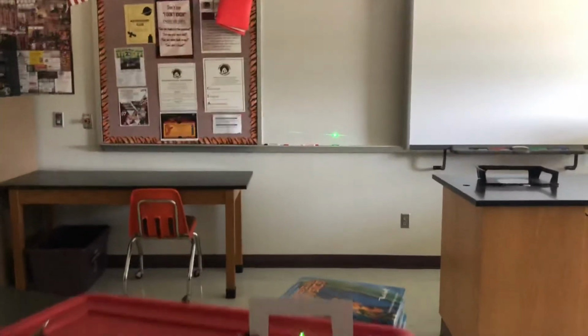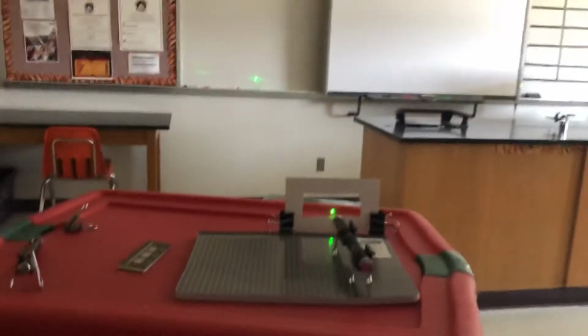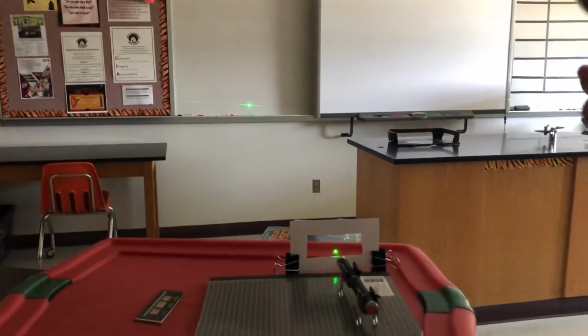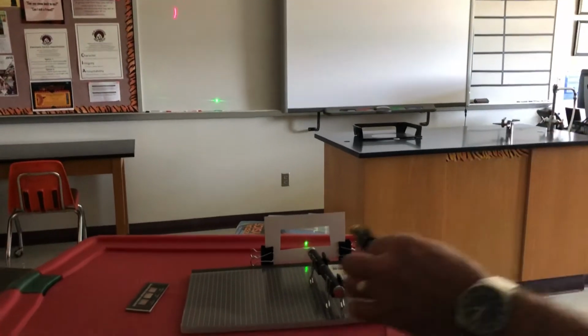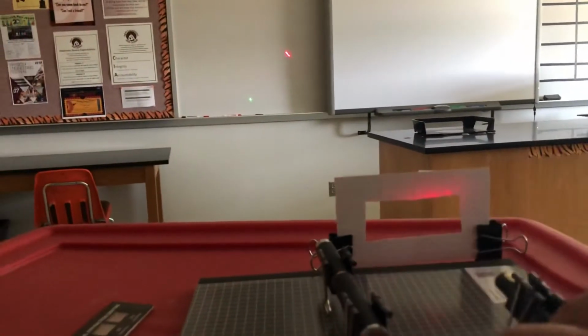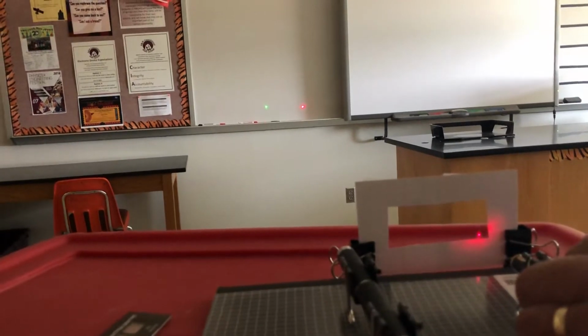So he actually used sunlight, which showed some different things, because sunlight is composed of all light. So if I use red, okay, you might notice a slight difference in how the beam splits. So notice with red, you get a little bit different sized gaps.